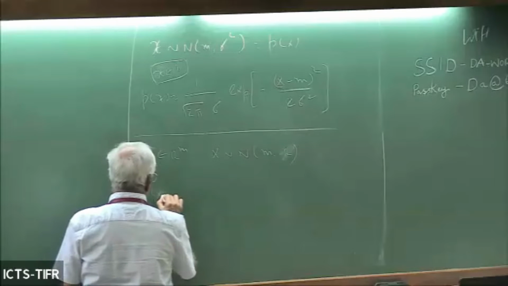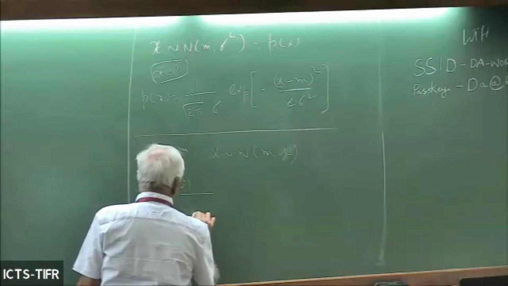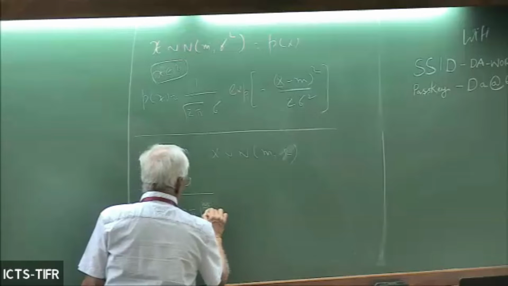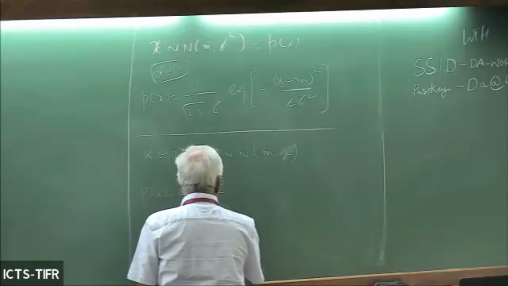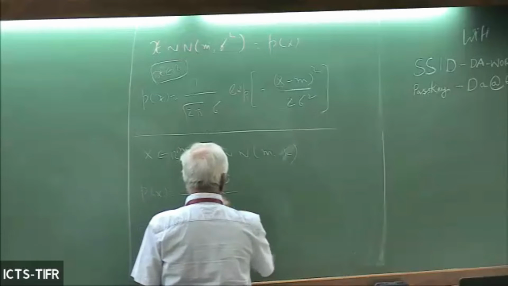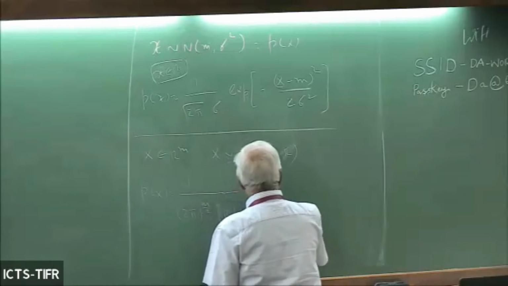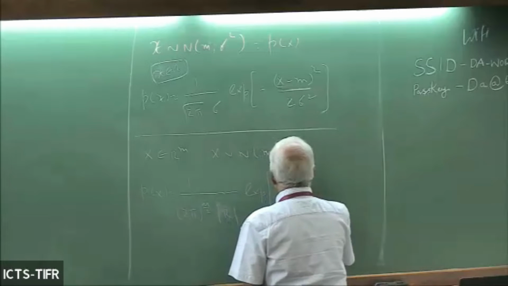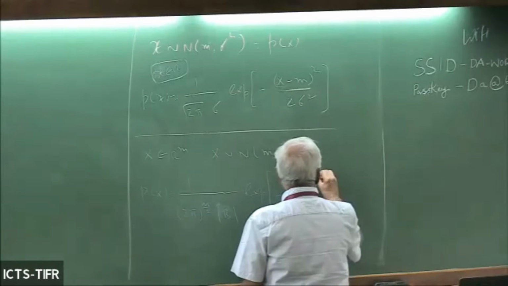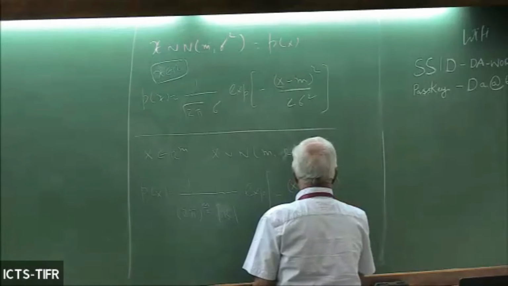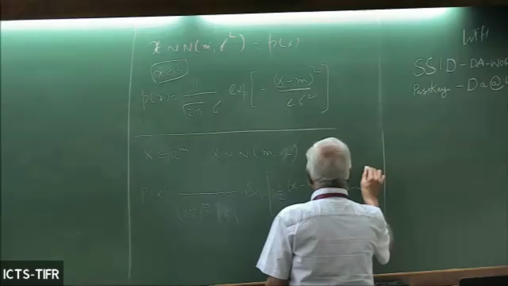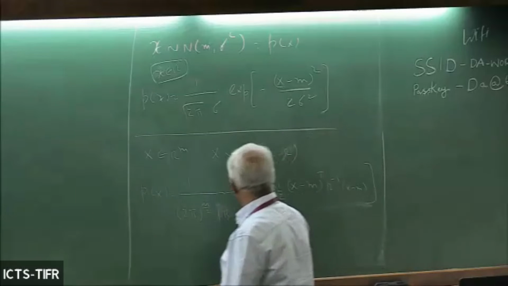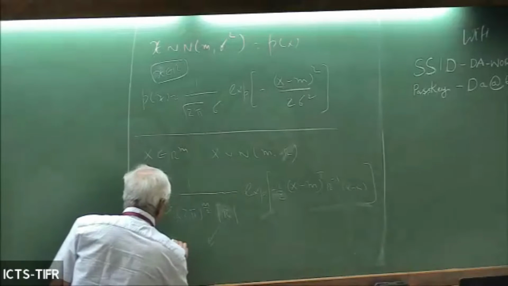The probability density of x is equal to 1 over (2 pi) to the power m by 2, times the absolute value of the determinant of R, times exponential of minus 1/2 of (x minus m) transpose R inverse (x minus m). So this is called the determinant of R.